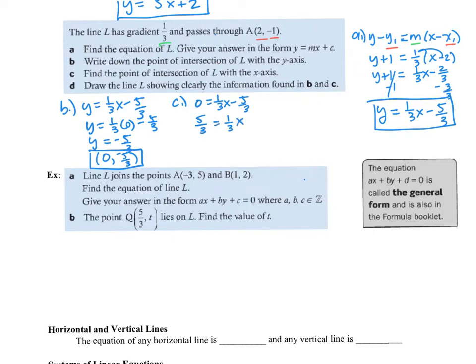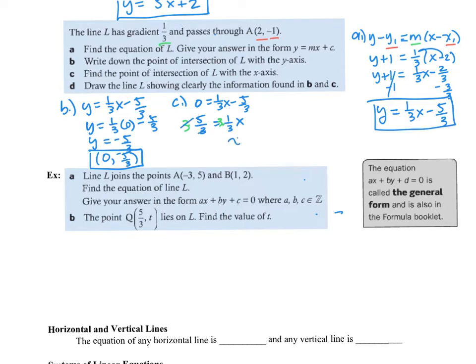Okay, and then since x is being multiplied by 1/3, I would undo that by dividing by 1/3. Well, that's the same thing as multiplying by 3. So let's multiply both sides of the equation by 3. I'm going to write it in a different color. And we'll end up with x being equal, let's see, these 3's cancel, okay?